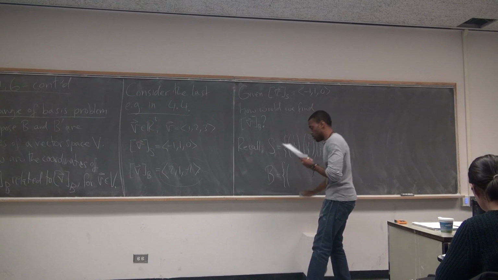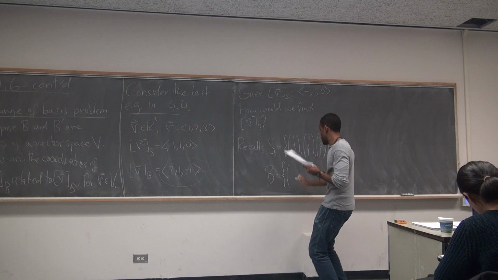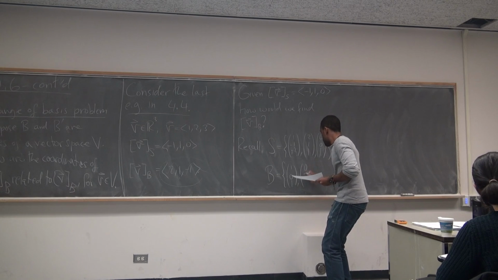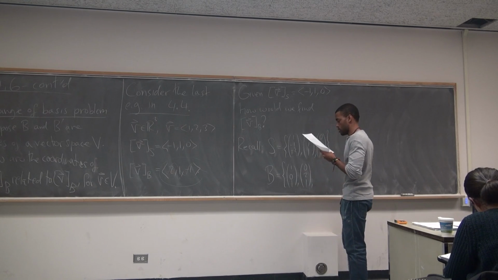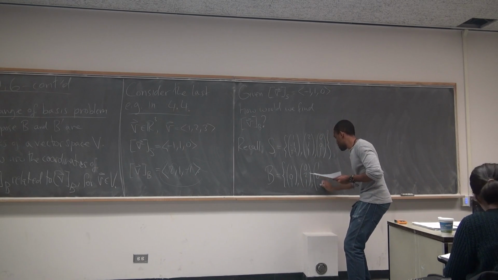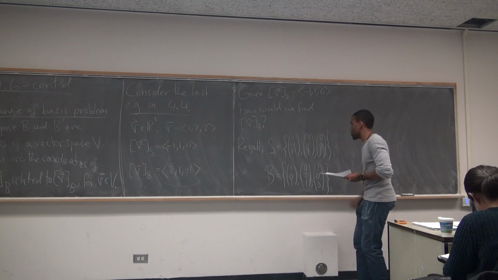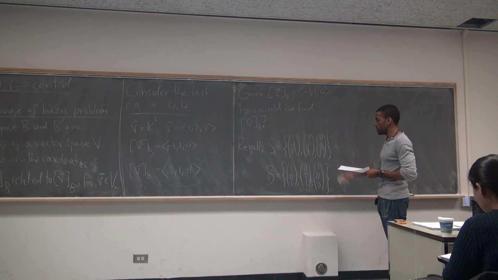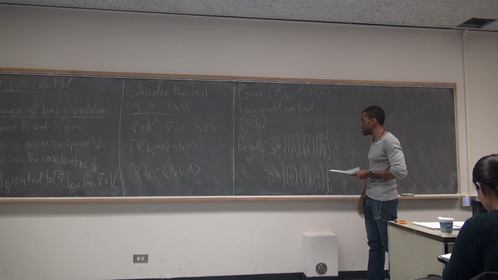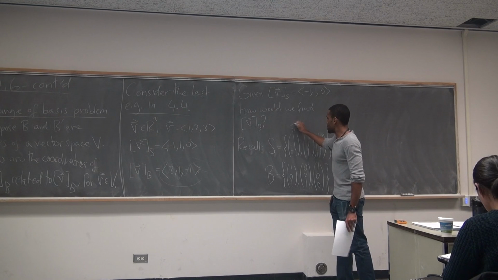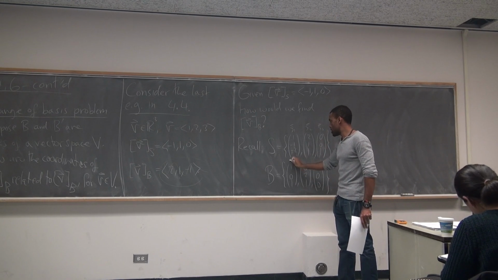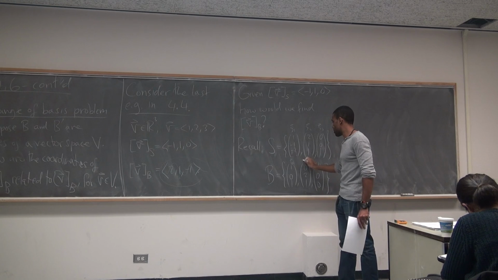Just to remind you, B was the set (1, 0, 1), (0, 2, 1), (1, 0, 0). So these are two bases for R3. I know this is the location of a vector in relation to the coordinate system S. We can label these S1, S2, S3, and we can call these B1, B2, B3.